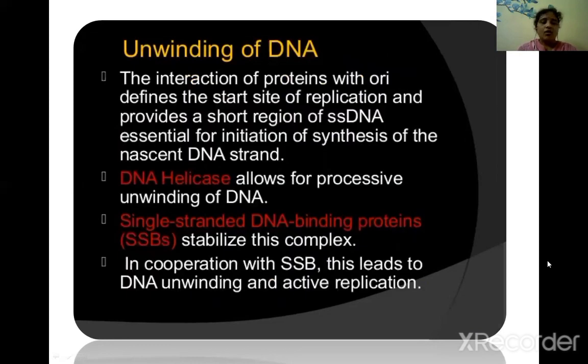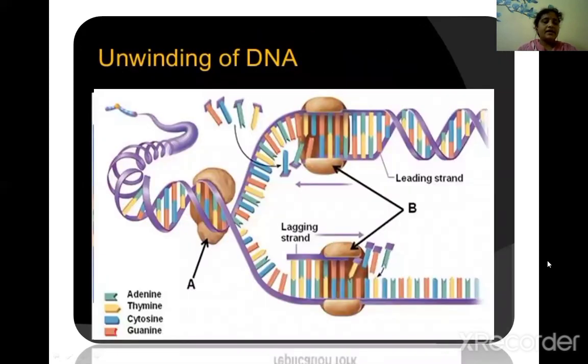The unwinding of DNA: helicase begins the unwinding of DNA using the energy obtained from ATP hydrolysis. DNA primase, indicated as DnaG, then binds to the DNA and forms the primosome complex with the DNA helicase, indicated as DnaB.